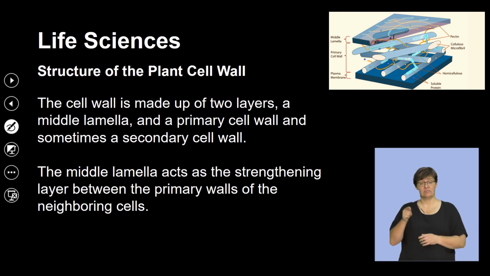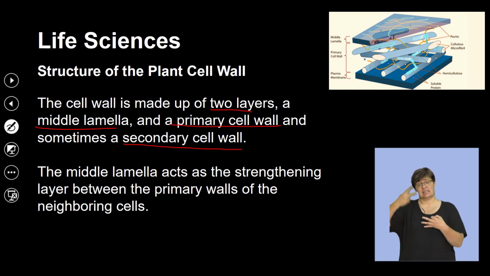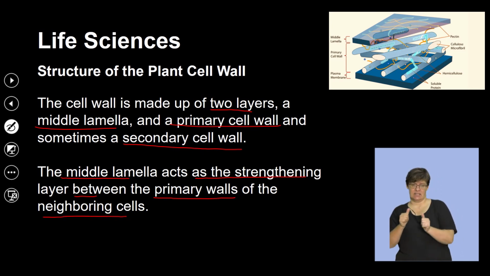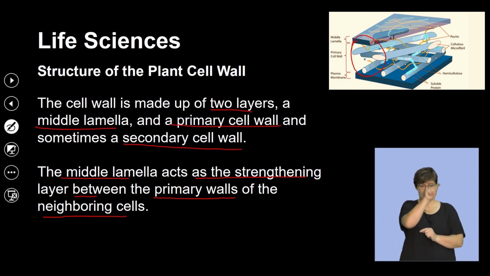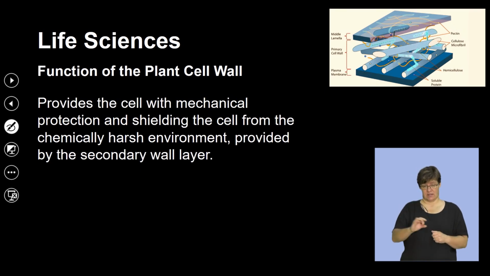The cell wall is made up of two layers, a middle lamella and a primary cell wall, and sometimes a secondary cell wall, which we will see in much more complex plant cells. The middle lamella acts as the strengthening layer between the primary walls and the neighboring cells. When you look at this, you can see the middle lamella contains complex pectin and cellulose microfibrils that essentially give strength to the cell wall.